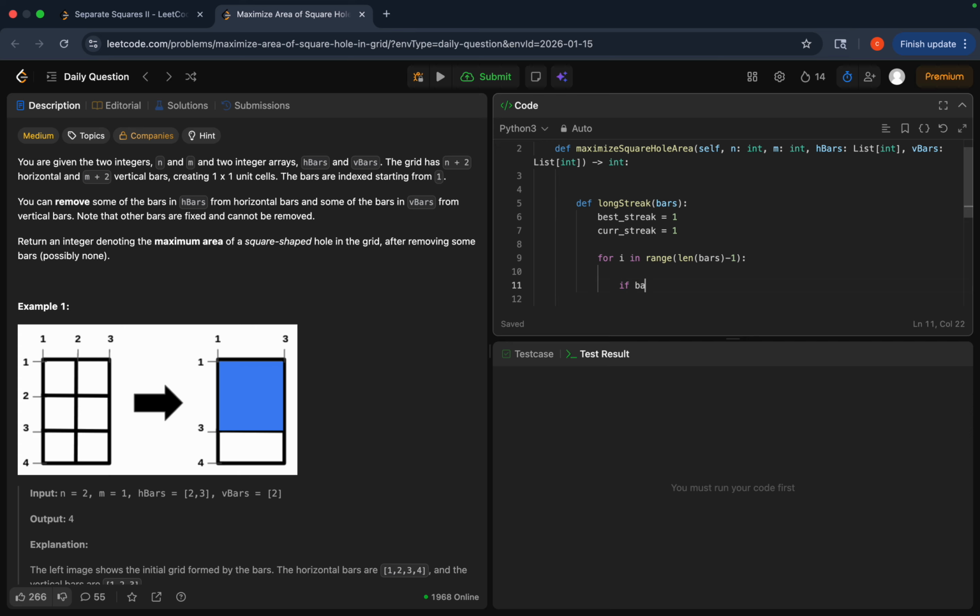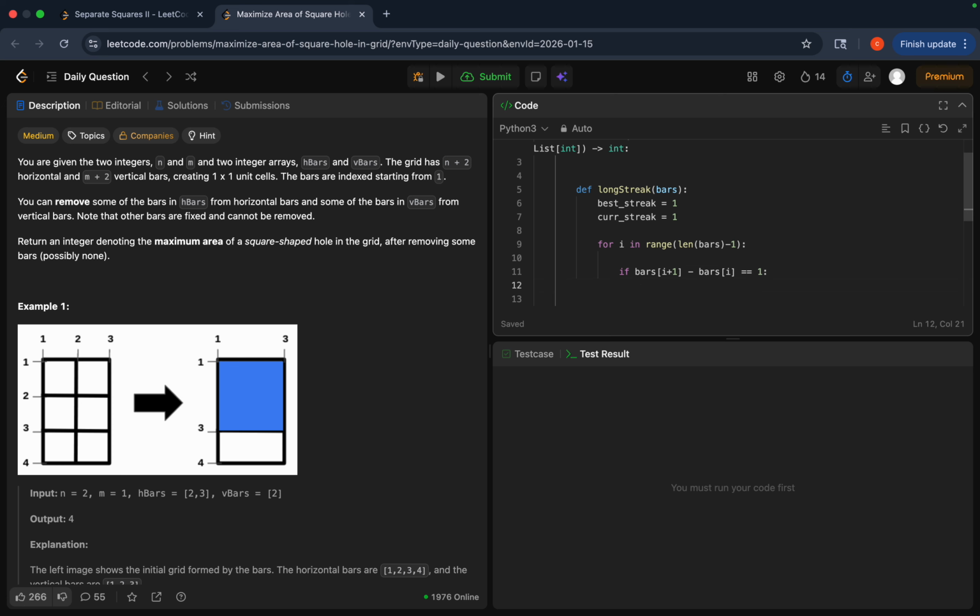And if bars of i plus 1 minus bars of i is equal to 1, right? If that is true, then current streak will be incremented, plus equal to 1, right? And else you start the current streak from 1. So current streak is equal to 1, because the streak stopped there, right? And it starts from 1 again.